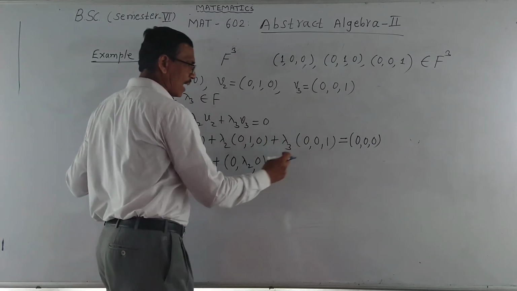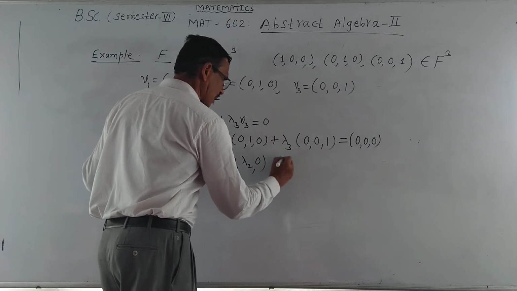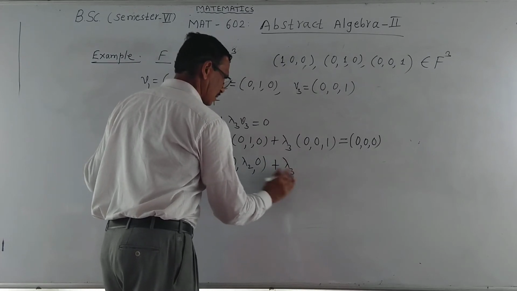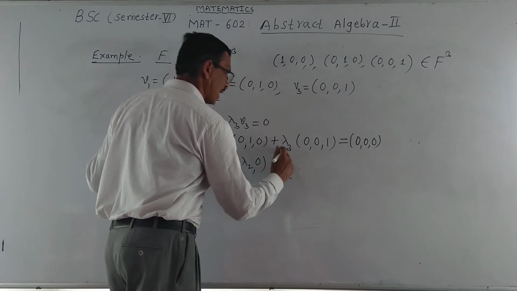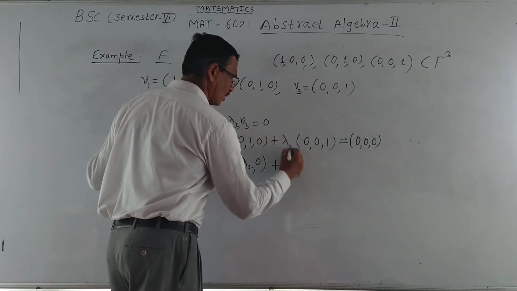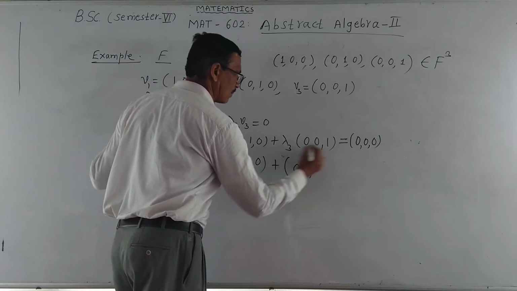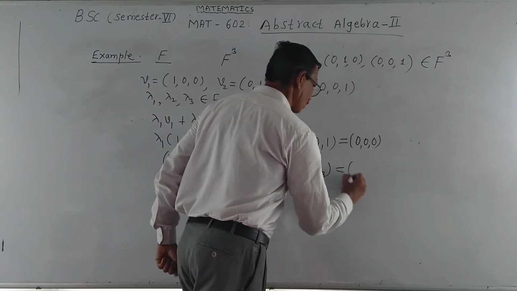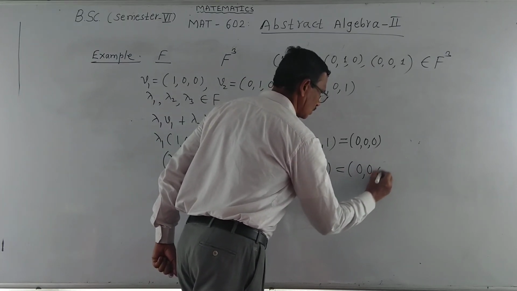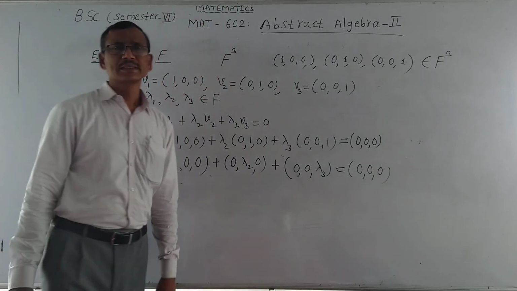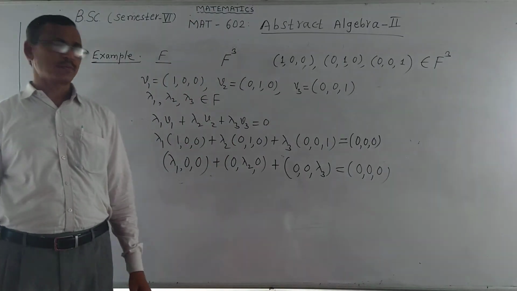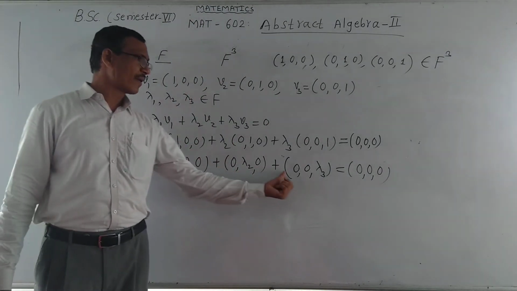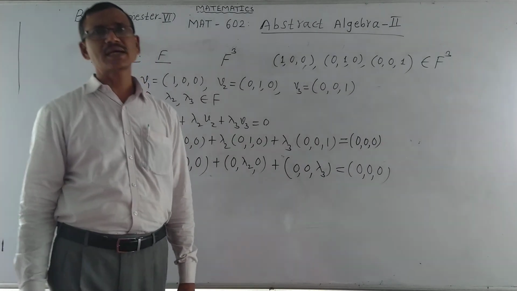Again, you multiply by lambda 3 into the vector, plus (0, 0, lambda 3), equals the zero vector (0, 0, 0). Okay? This is called scalar multiplication. Now, the sum of these three vectors is called vector addition.